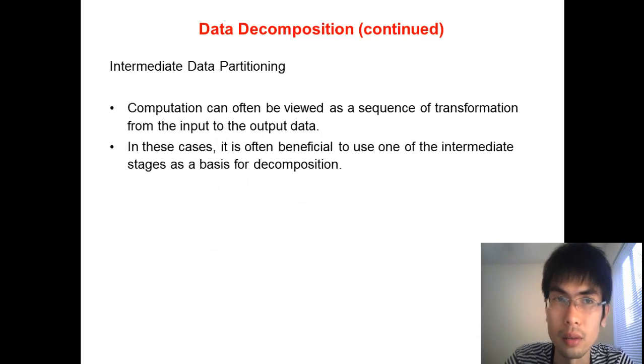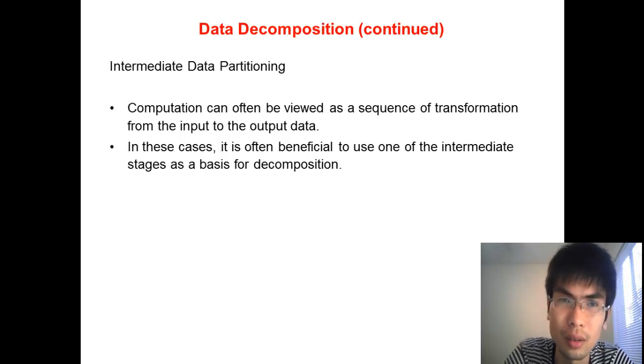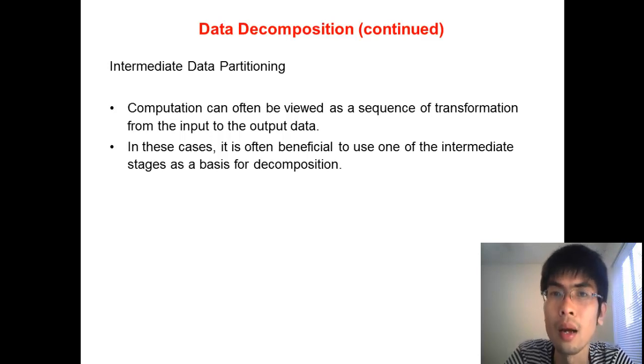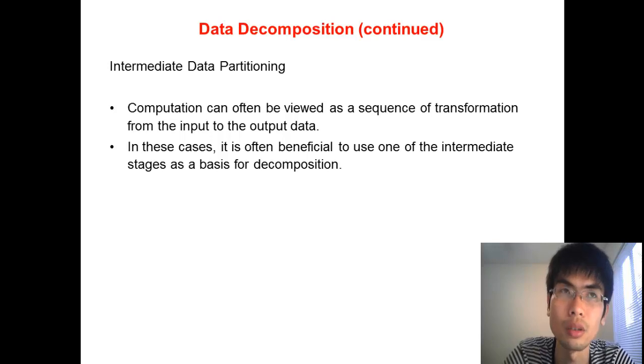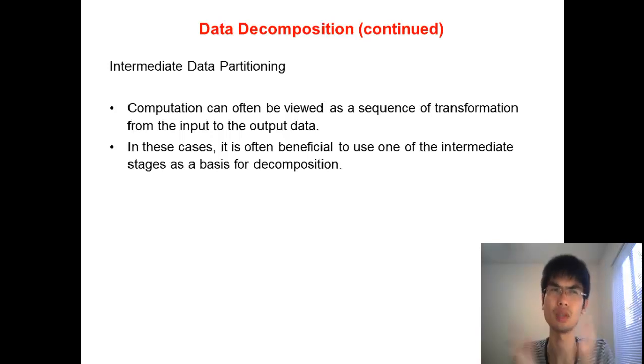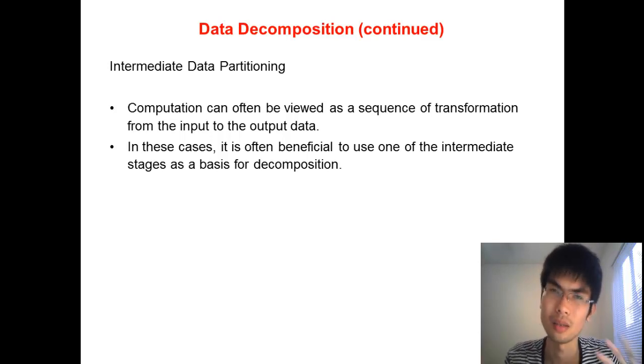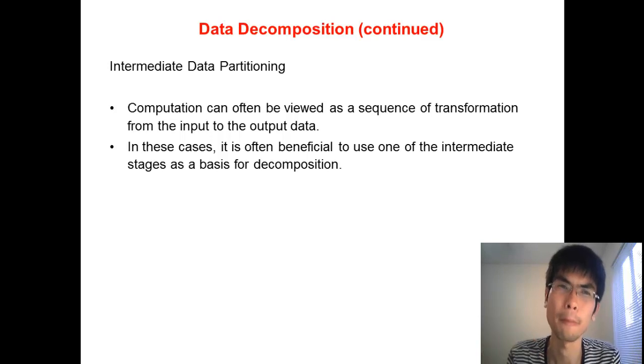And here we have the third method called intermediate data partitioning. Computation can often be viewed as a sequence of transformations from the input to the output data. So, given this situation, we can often divide the task by their intermediate data.